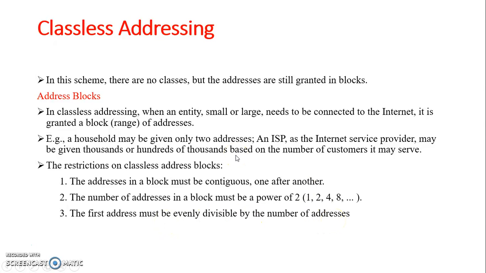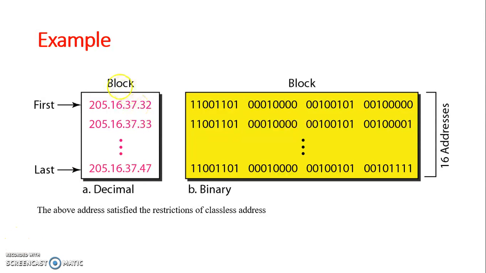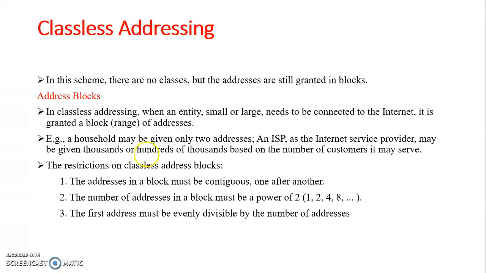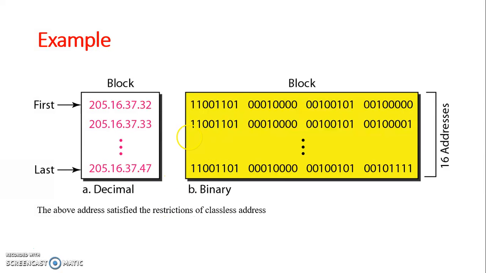Now let's see an example and check whether it satisfies these three restrictions of a classless address block. In this example, the block of addresses is represented both in binary as well as in dotted decimal notation. As we see, the first rule is that the addresses in the block must be contiguous, that is, continuous. Here you can see there are 16 addresses and all these addresses are continuous. So the first property is satisfied.